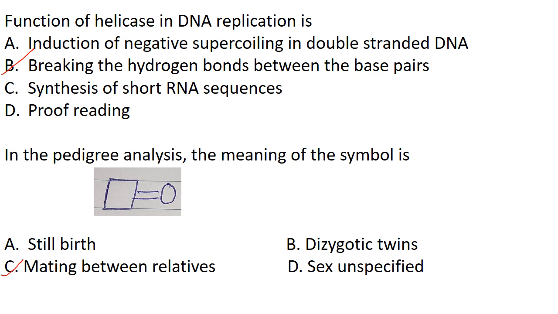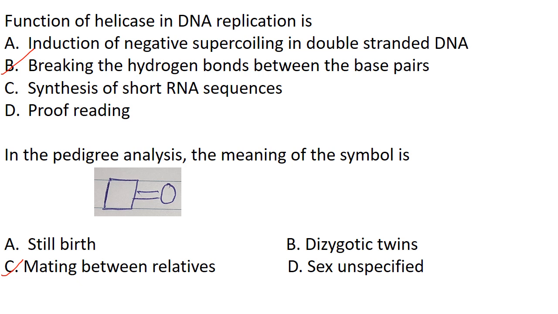Breaking the hydrogen bonds between the base pairs, that is the function of helicase. Synthesis of short RNA sequences, that is by primase and proofreading by DNA polymerase. So they have asked function of helicase, so it is answer B.